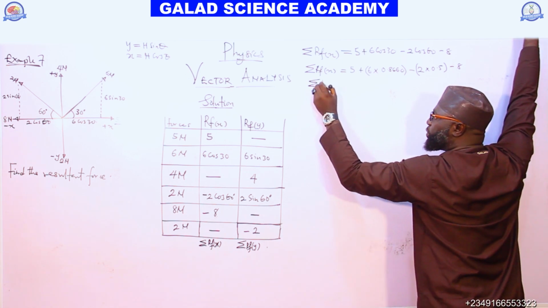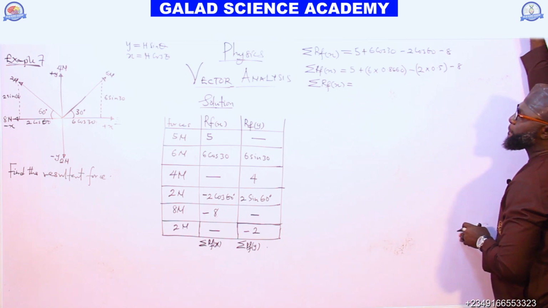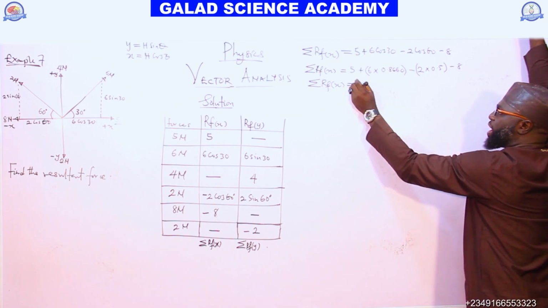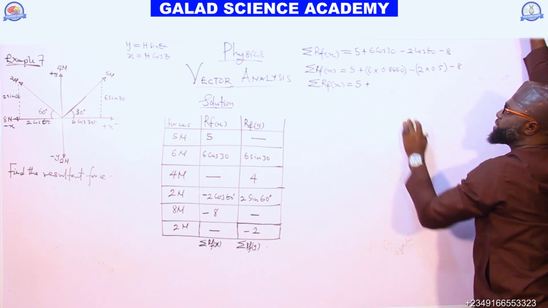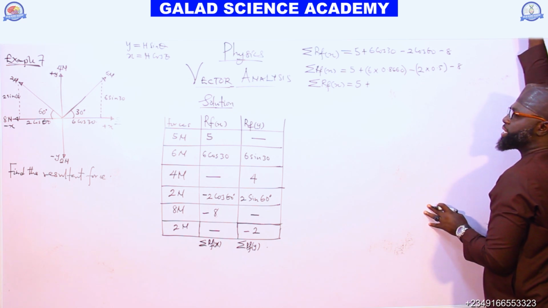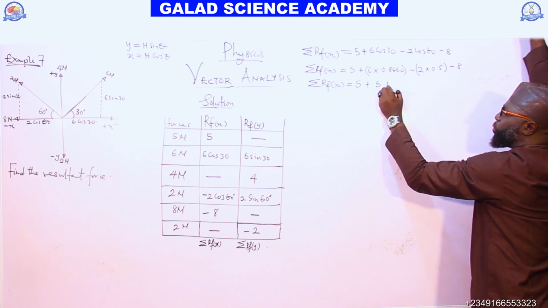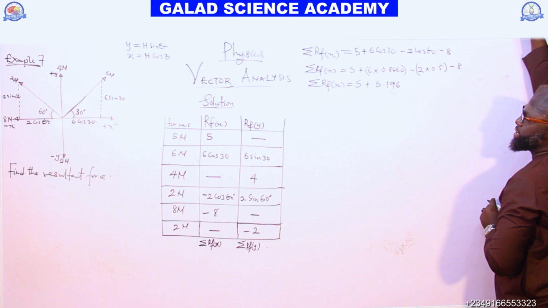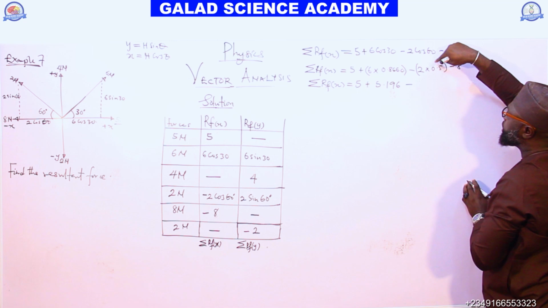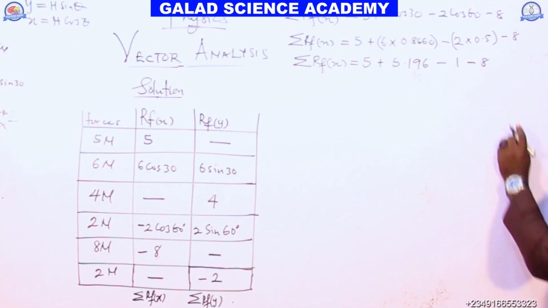We have sum of resultant force for x axis will be 5 plus 6 multiplied by 0.8660, it will give us 5.196. Then minus this, it will give us 1 minus 8.